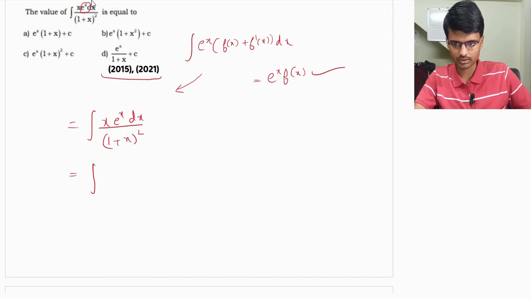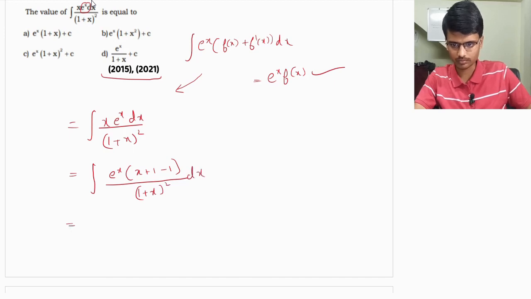So this is how you approach this kind of question. What changes do I need to make so that it comes in that form? E power x, here what I will be doing is writing x as x plus 1 minus 1. This is nothing but x only, right? Over 1 plus x whole square, dx.